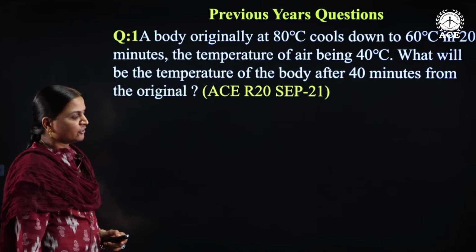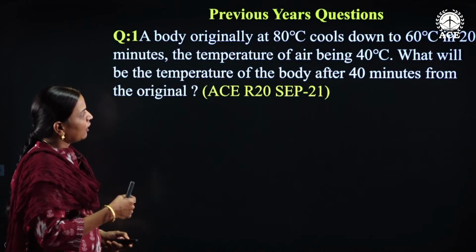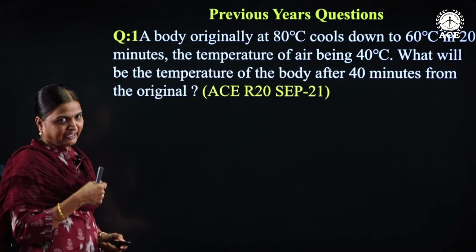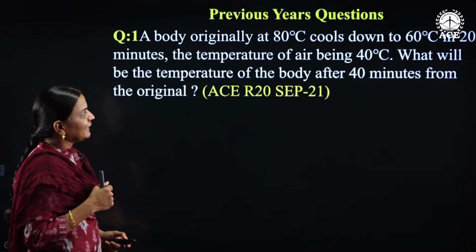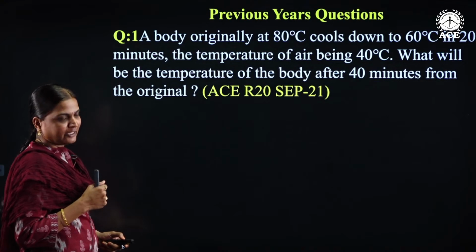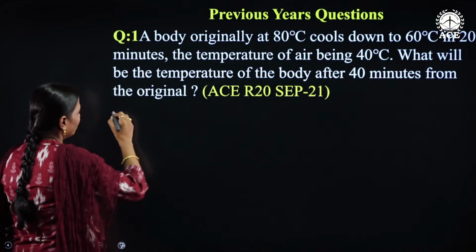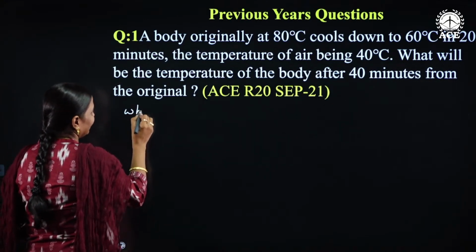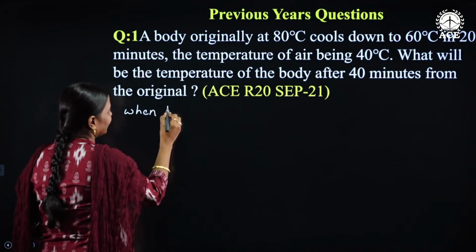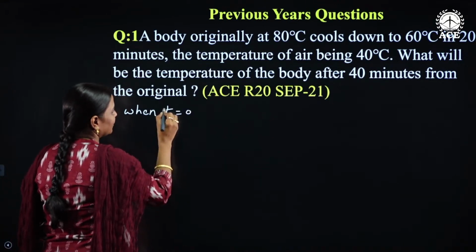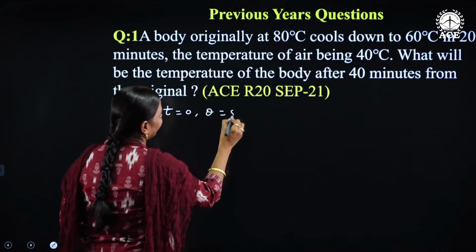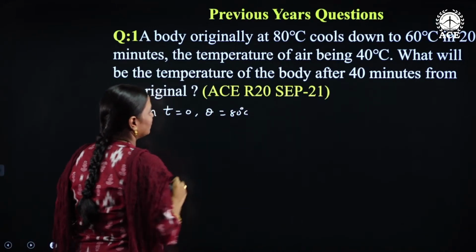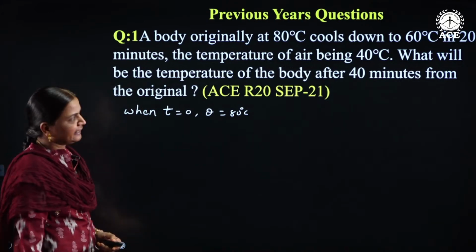So this is the given question, and how to write the given data in a proper way? A body originally at 80 degrees centigrade, that means initially, when time t is equal to 0, what is the theta value? 80 degrees centigrade. Temperature of the body is 80 degrees centigrade.